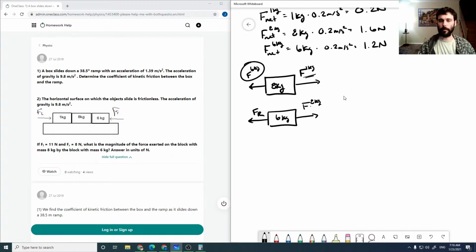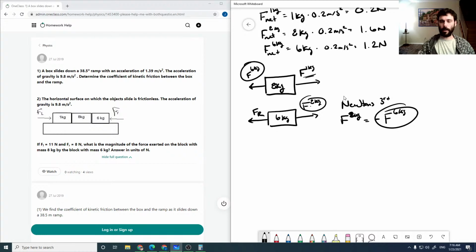I'll end up messing it up if I use this kind of terminology too much, but we know from Newton's third law that our F8 kg here is equal to minus our F of our 6 kg.